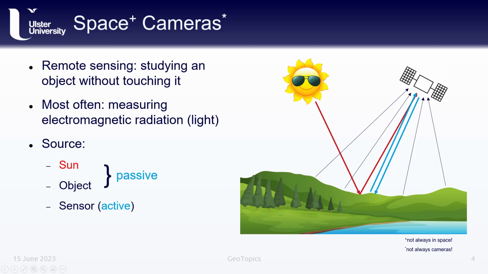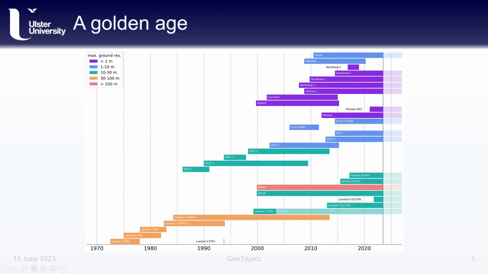So this is a timeline that shows the different Earth observation satellites over time, starting with the launch of Landsat-1 in about 1972, moving up until today. This is a selection. There's actually a lot more things that are not shown here, such as declassified reconnaissance imagery.